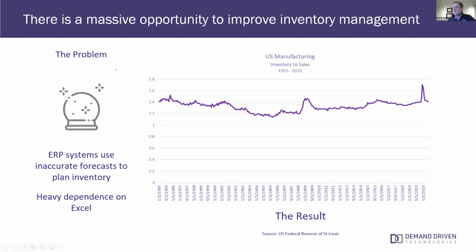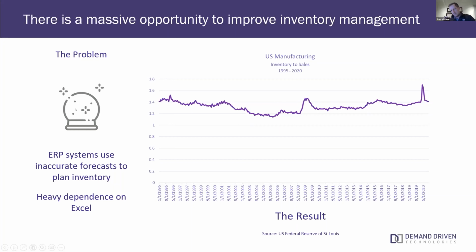Where can it still be improved, right? If I look at inventory turnover rates over the last 25 years, this is for the US, but I think the trend is global in nature. In the main 25 years of ERP, big ERP implementations, we've seen that inventory turnover rates have remained relatively flat, right, across the globe.